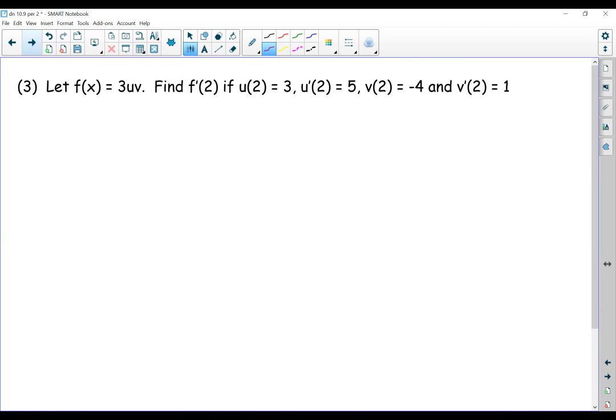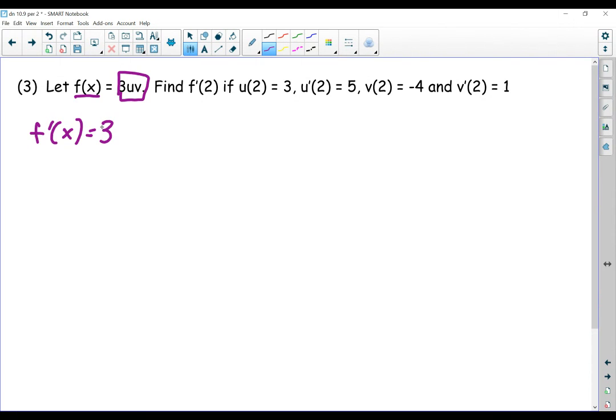Okay, let f of x equal 3uv, where u and v are differentiable functions. Find f prime of 2 if u of 2 is 3, u prime of 2 is 5, v of 2 is negative 4, and v prime of 2 is 1. Guys, they love a problem like this. I don't know what f of x is, but I know its derivative would be the derivative of these functions.